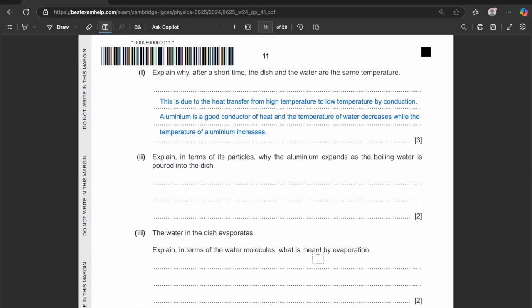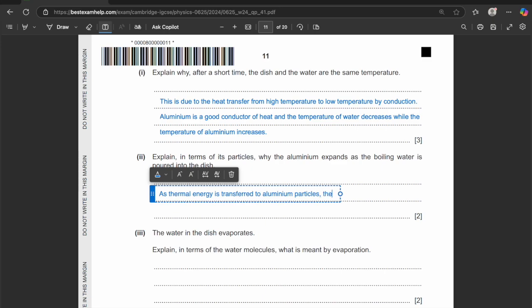So number 2, explain in terms of its particles why the aluminum expands as the boiling water is poured into the dish. So materials do expand after receiving more energy. So this is because of thermal energy, right? So as thermal energy is transferred to aluminum particles, they increase in kinetic energy.